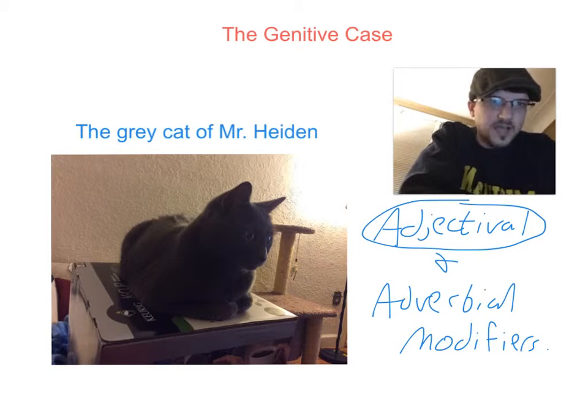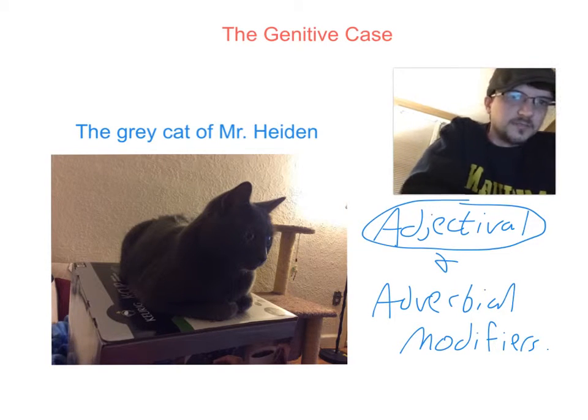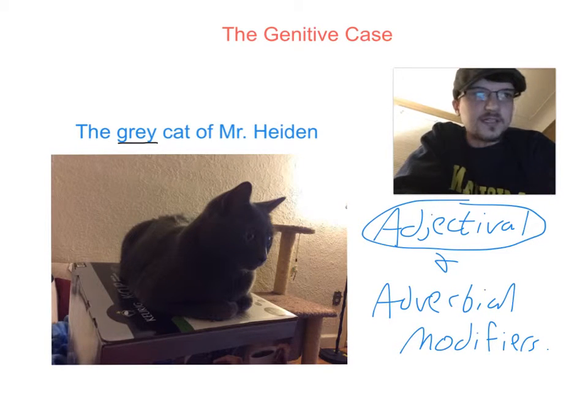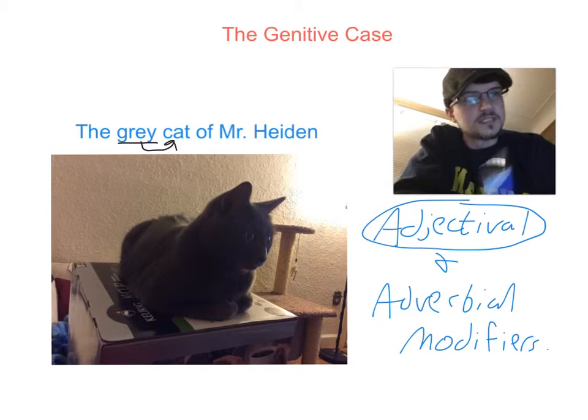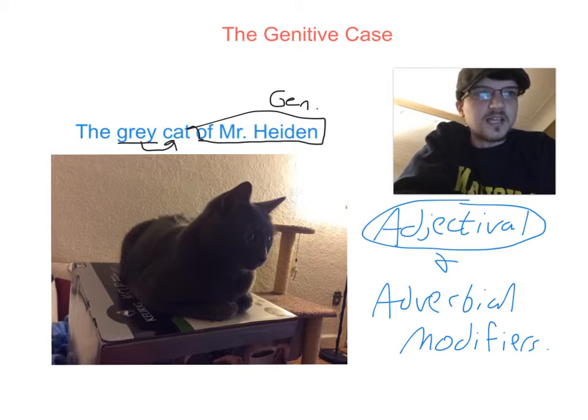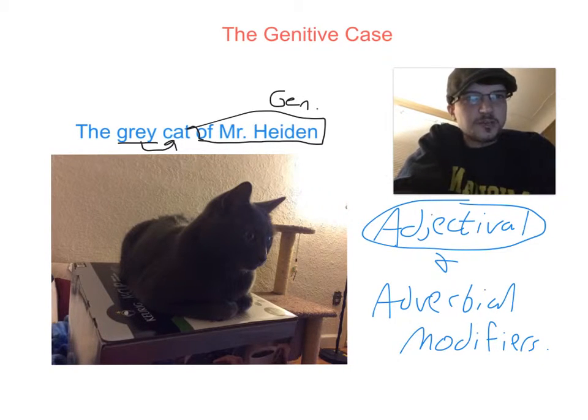We see this cat, this is my cat, but he is gray, and you know English well enough to know that's an adjective modifying cat. That's all good, but in Latin, gray is not going to be in the genitive case. This of Mr. Haydn is going to be the genitive case in Latin because it's showing possession.